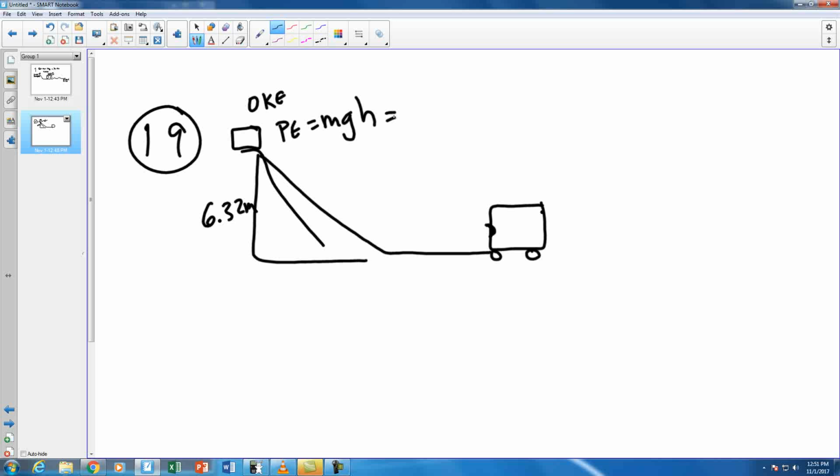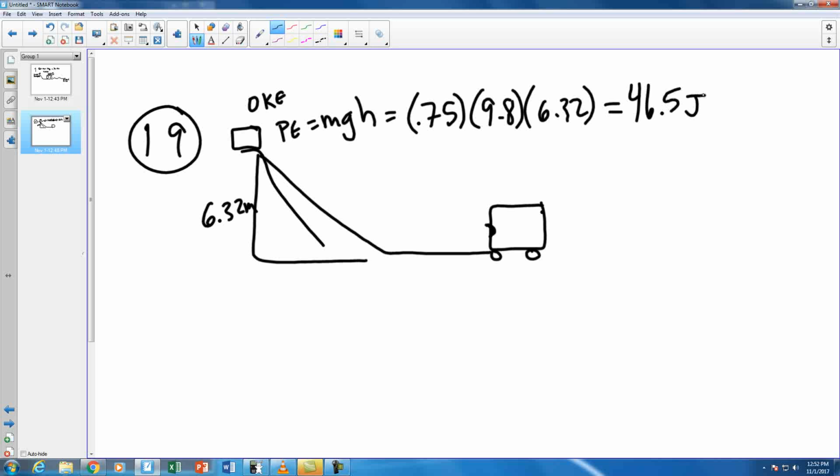So to figure out the potential energy in the cart at the top, we take its mass, which we're told is 0.75, times gravity, which is 9.8, times the height, which is 6.32, and we should get, roughly speaking, 46.5 joules.